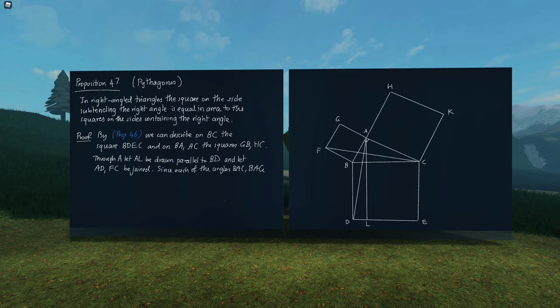But to apply it, we need to know that this is actually a straight line here. Okay, but that's true because since each of the angles BAC and BAG is a right angle, it follows that with a straight line BA and at the point A on it, the two lines AC and AG, they're not on the same side.